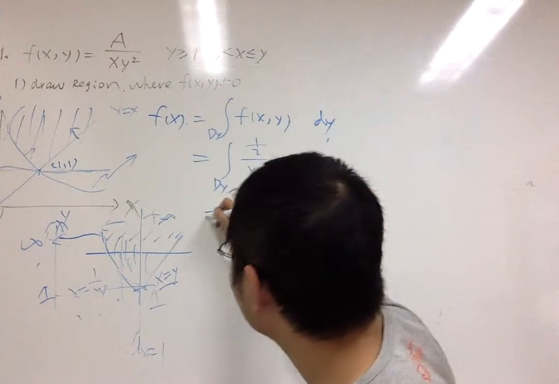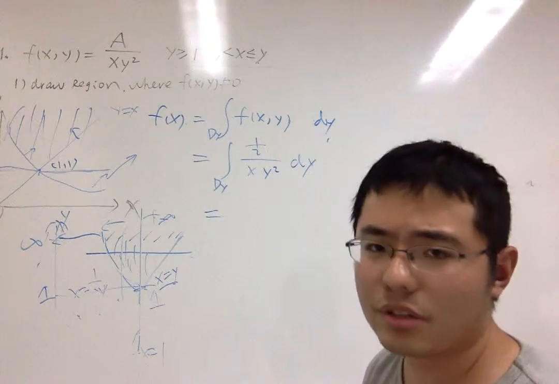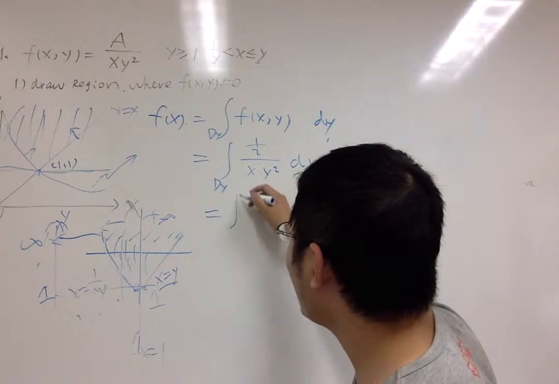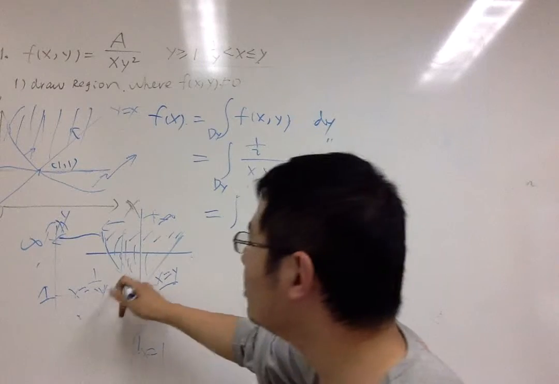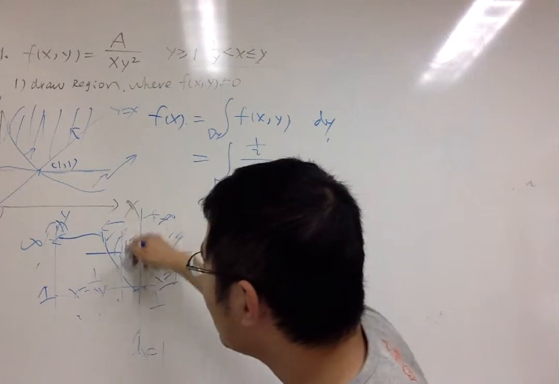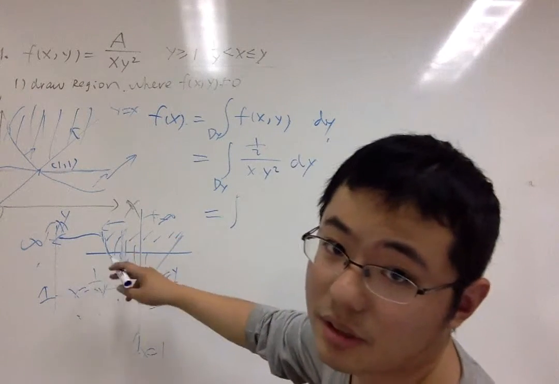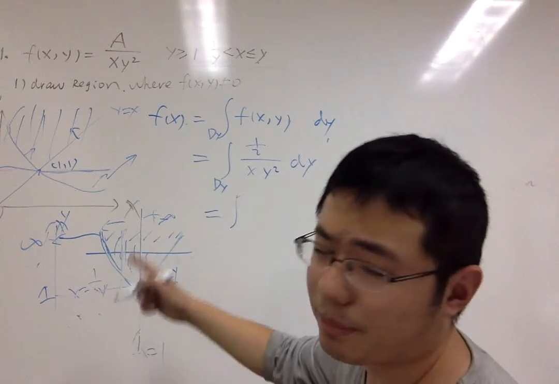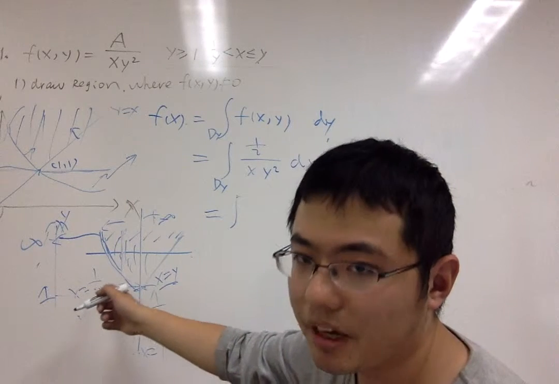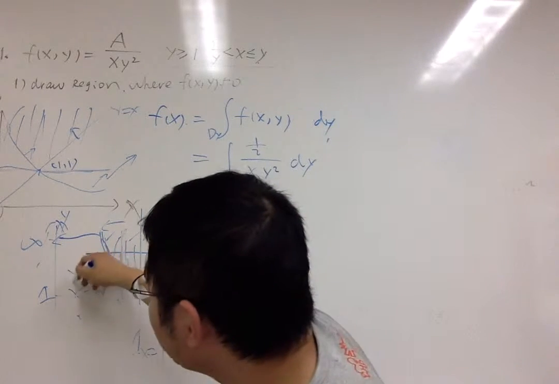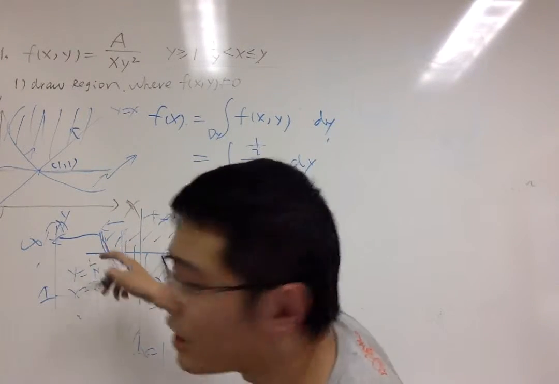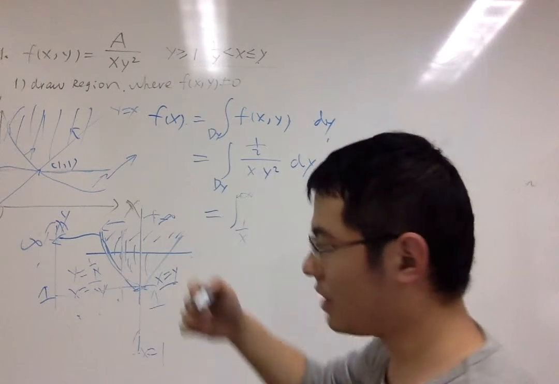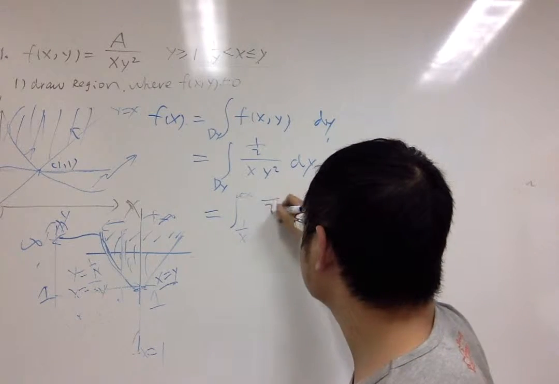So we first deal with the situation when x is less than 1. Y goes from, and we couldn't say it's from 1 to infinity, because y is actually bounded by the curve, in this case the hyperbola y equals 1 over x. So it's actually from 1 over x to infinity, and the upper limit is infinity.